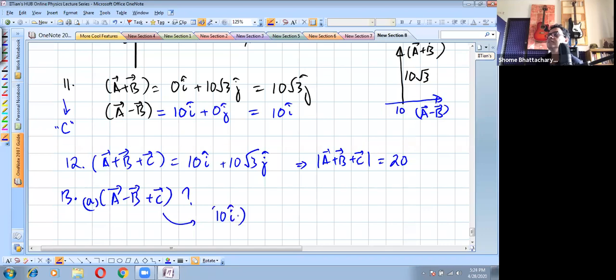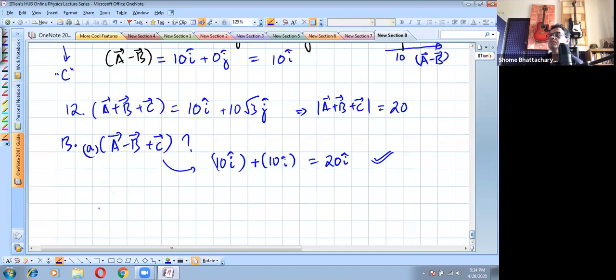Okay. And C is 10 i cap. Sorry, plus. So this is 20 i cap. It is not a null vector. You can see that A minus B plus C is not in fact a null vector.